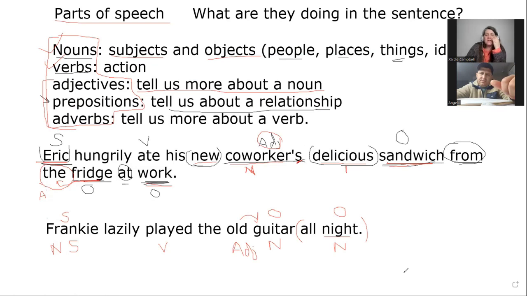Any other adjectives? The could be an adjective. It's an article, because it's telling you about the guitar, right? It's also telling you about the guitar. So I could classify it as an adjective. It's an article that tells us that there's one and it's a specific one.